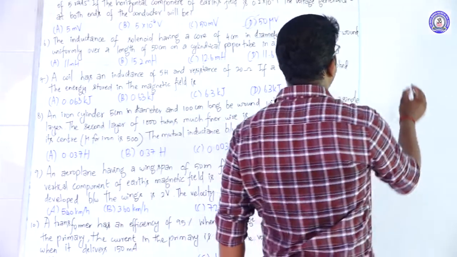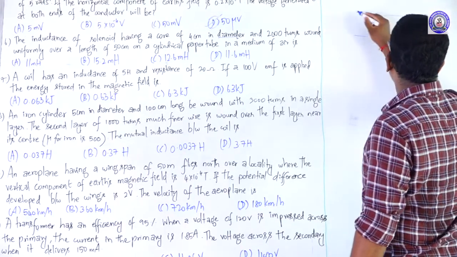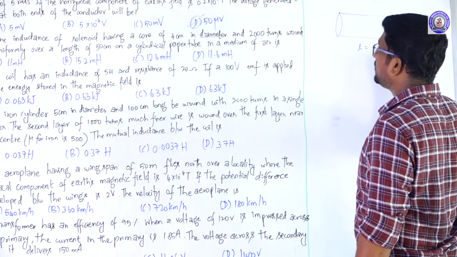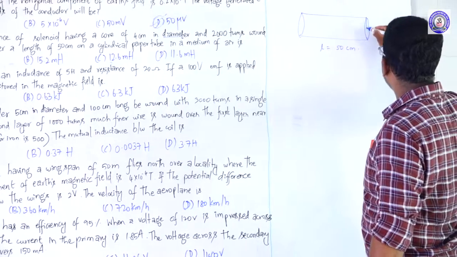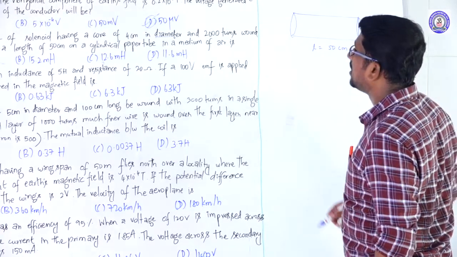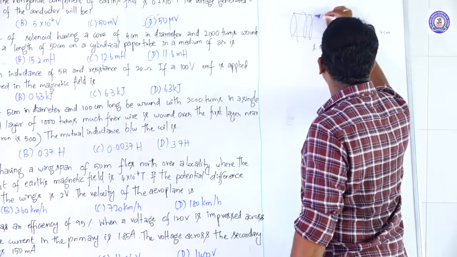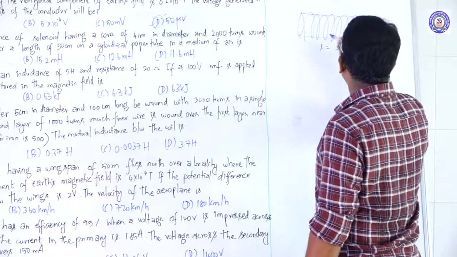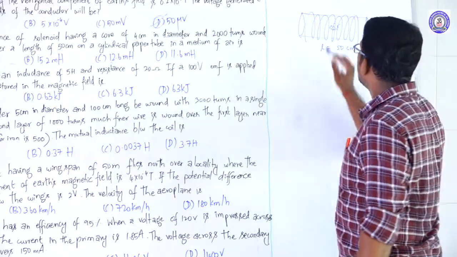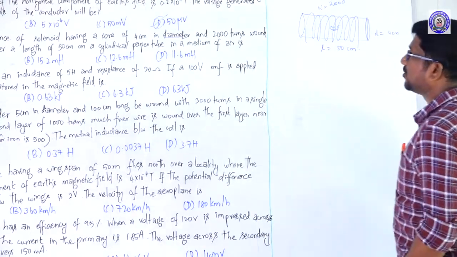There is a cylindrical paper tube of length 50 cm and its diameter D is equal to 4 cm, and a solenoid is wound over this cylindrical paper tube. The medium inside the solenoid is air, and the number of turns in the solenoid is 2000. What do we want to find out?